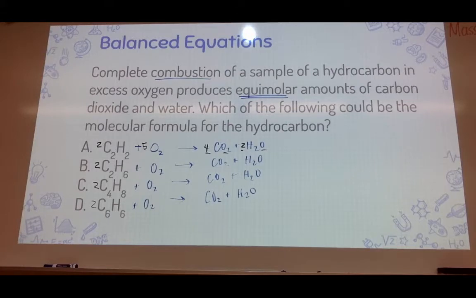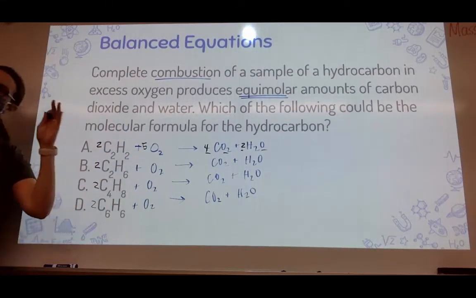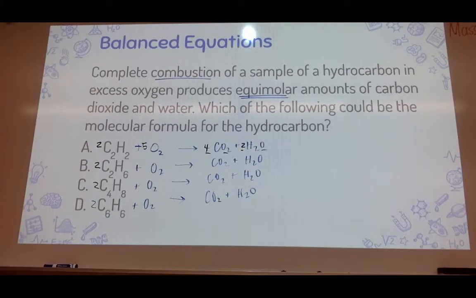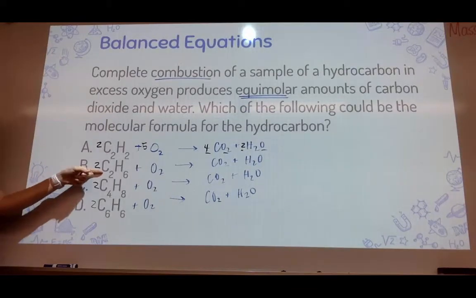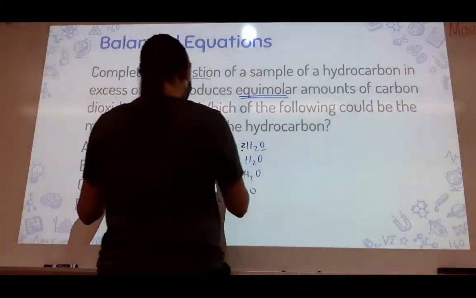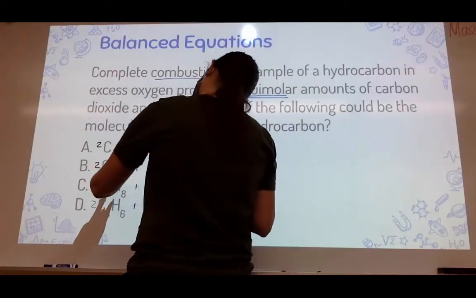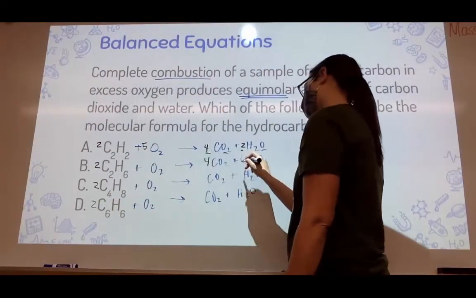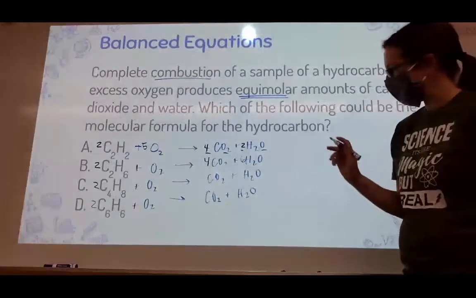So by putting this 2 in front, it helped us from having to double things. It's just a little trick. So same thing, if I balance this one, that's 4, 4, 12, 6.